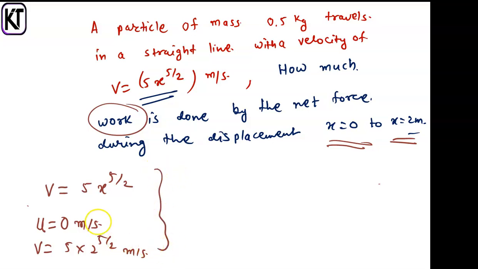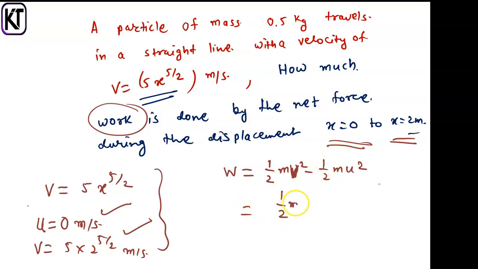Now the question is, how much work is done? You have initial velocity, you have final velocity. The only thing you have to do is find the work. You know by work energy theorem, 1 by 2 mv square minus 1 by 2 mu square, and this makes it 1 by 2 m common.